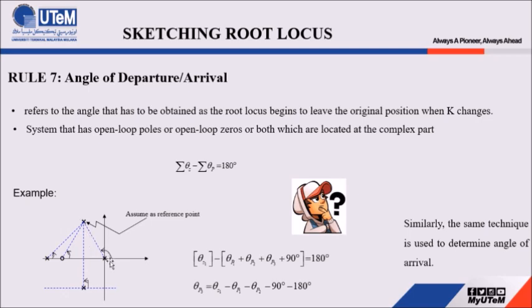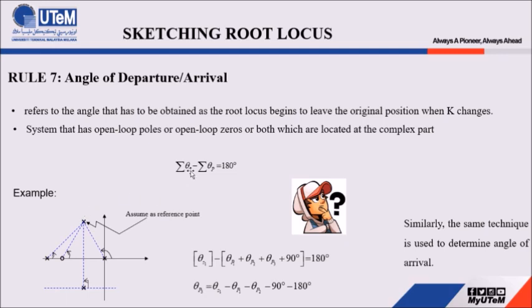Now for this angle, we can calculate it through the Pythagorean theorem. But this one we have to calculate from this equation. From here we can get the angle of departure, that means the angle for this pole.